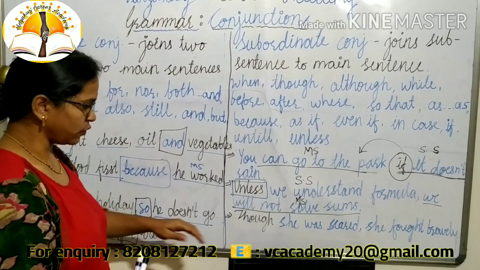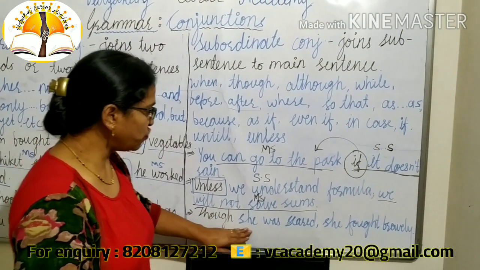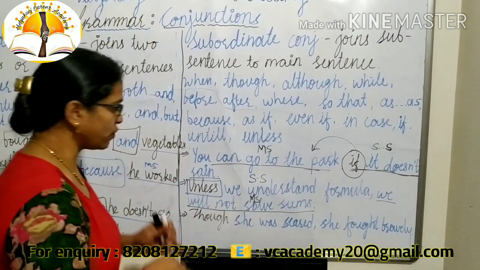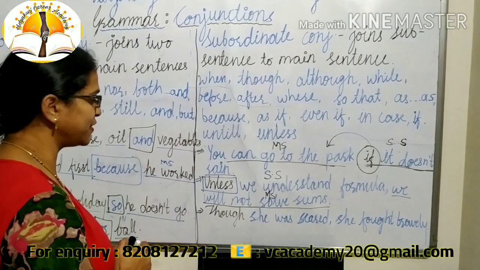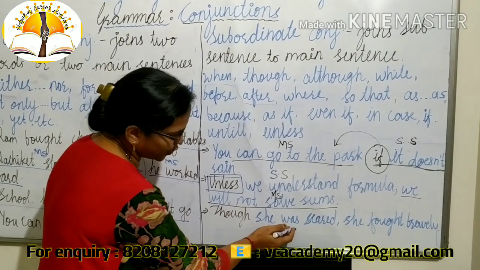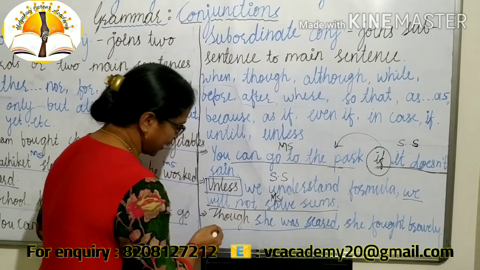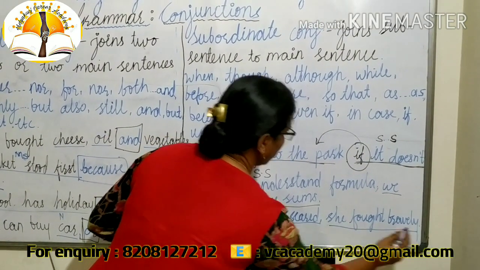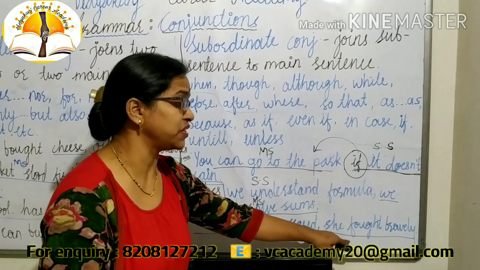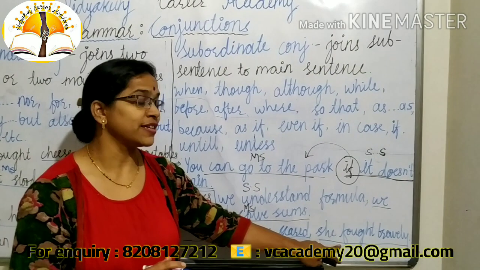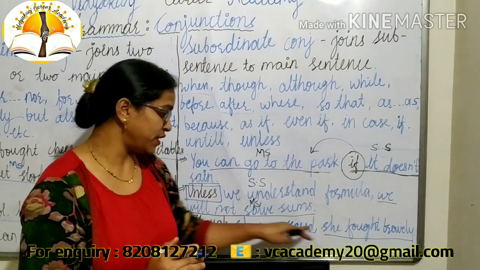Now, next. Though she was scared, she fought bravely. First of all, we have to split these sentences and read them. Though she was scared, I read. And she fought bravely. If I read she fought bravely, this has a meaningful, complete sense.